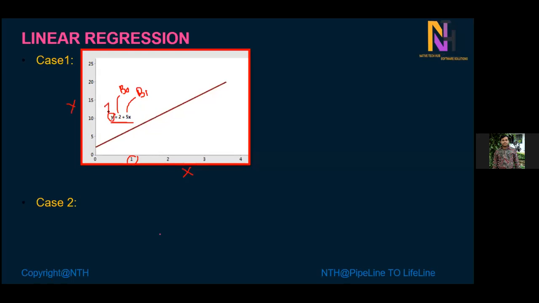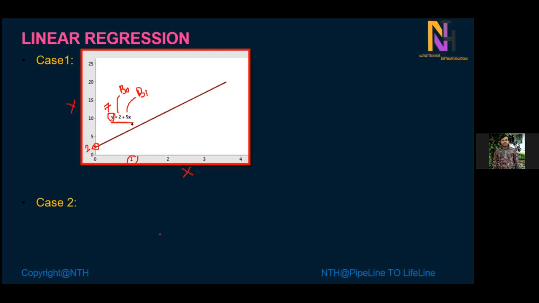So likewise, the place where this line is going to cut, this particular position indicates 2. Therefore they have taken the 2 as B0. B0 will be the intercept, the position where the line will cut the y-axis. That's the reason they have taken 2. And coming to 5, it has to be calculated based on certain values, variance and so on.